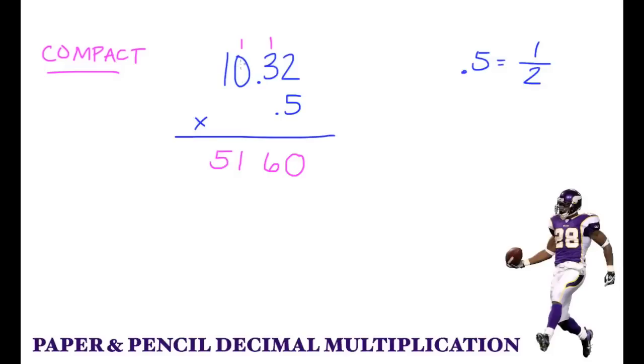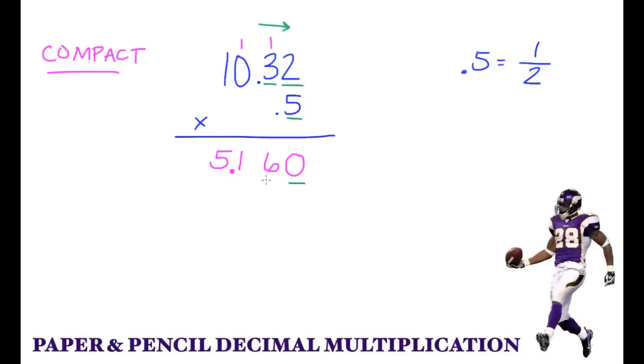Now, could something that's close to 10 times a half be 5,160? No. Could it be 51 and 60 hundredths? No. Could it be 5 and 160 thousandths? Yes, it could. And if I count all my places, I'll underline them so you can see them easy. 1, 2, 3 places to the right of the decimal.